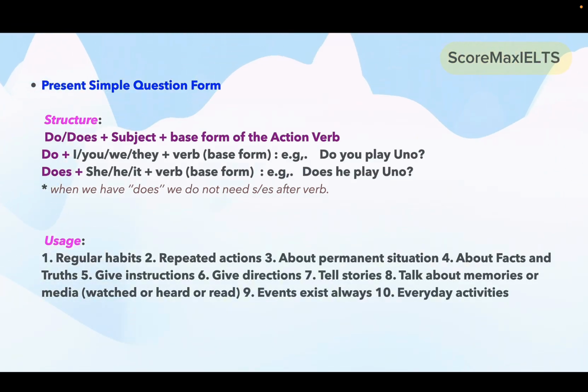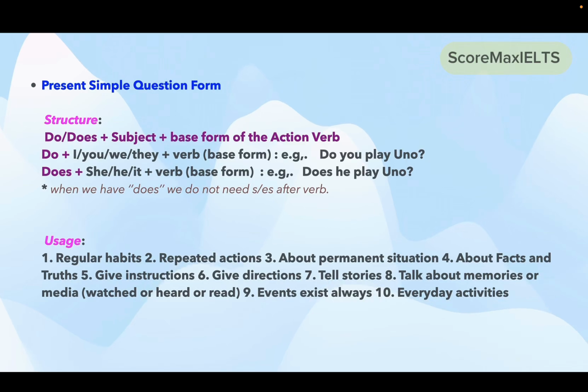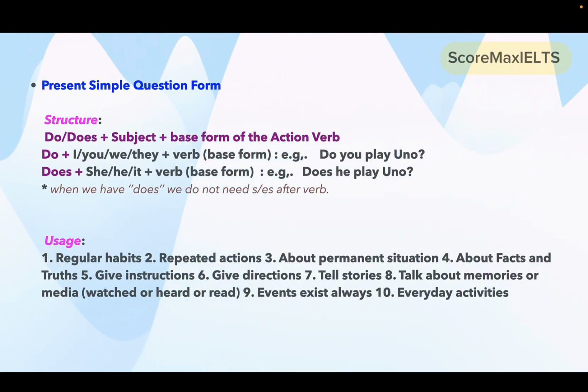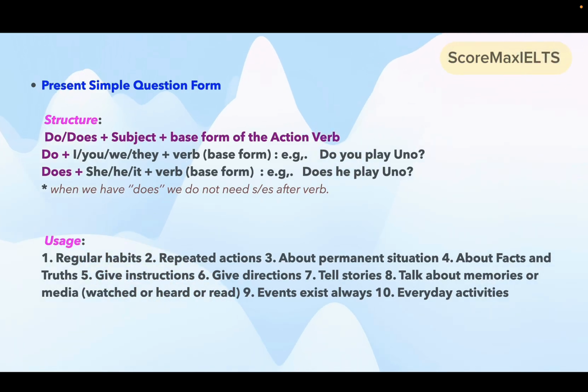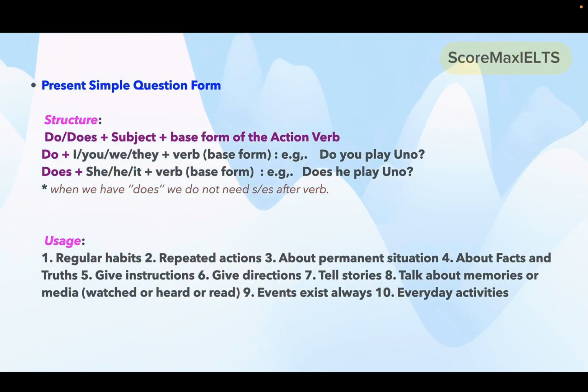But this time, we change the order of words in our sentence. Please pay attention to the structure as you see. We need helping verbs at the first of the sentence, and then we bring the subject, then the base form of the verb, the action verb actually.